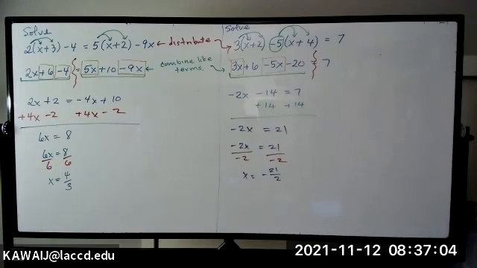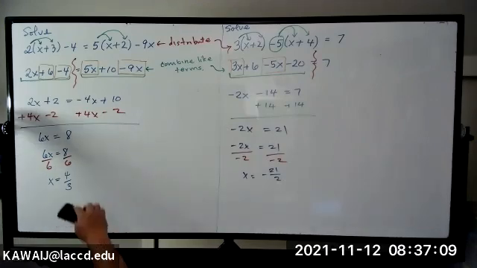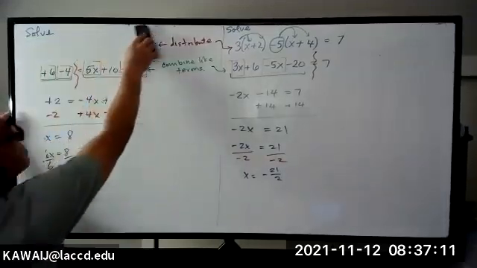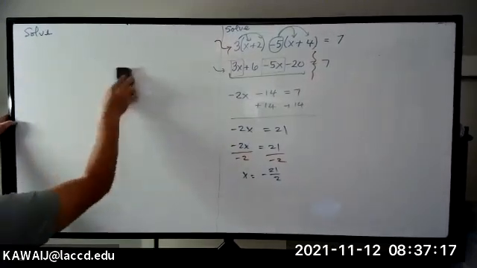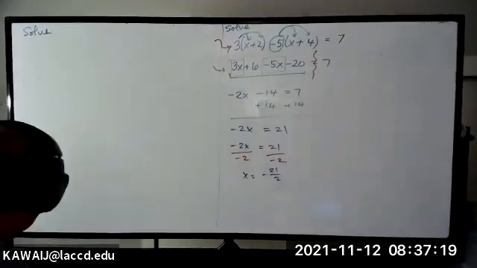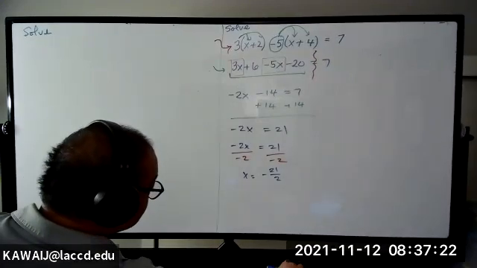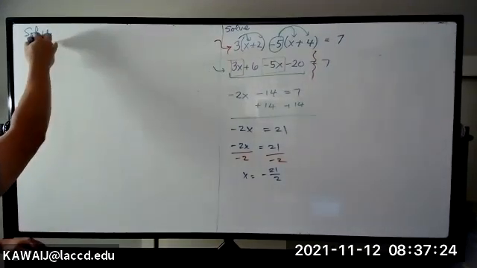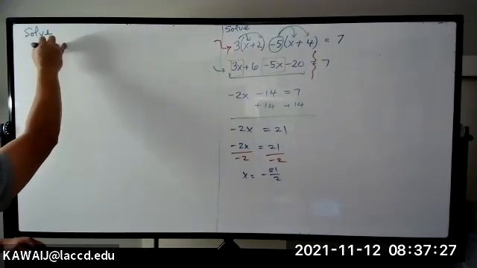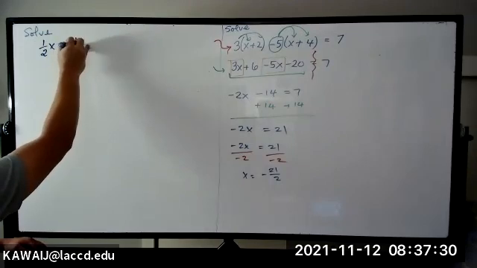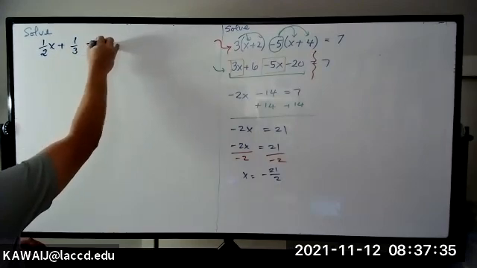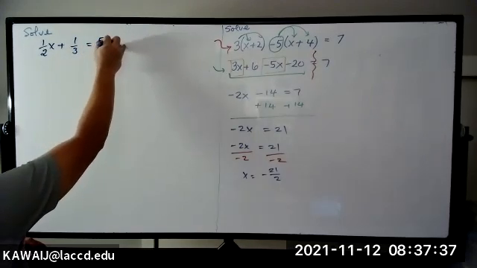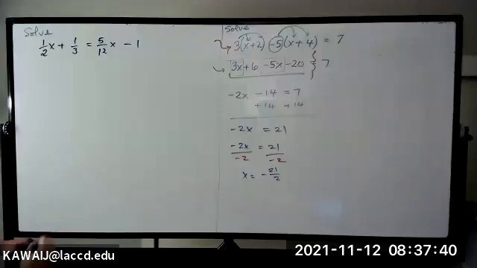Now, let's work on solving these linear problems with fractions. So something like 1/2 x plus 1/3 is equal to 5 over 12x minus 1.